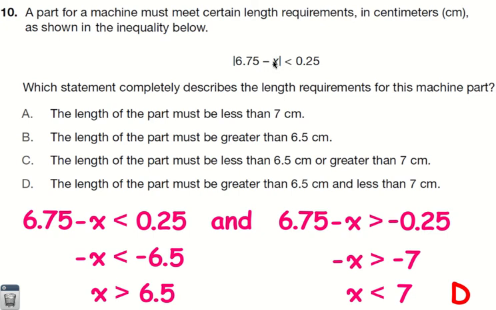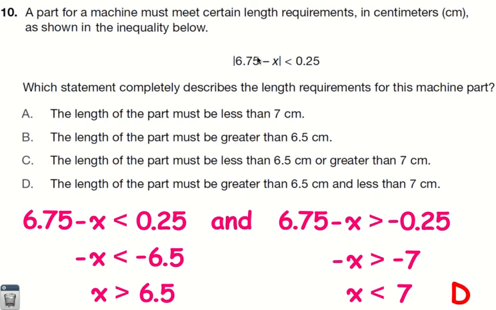Like x is the unknown length of the part. So this might as well say the absolute value of 6.75 minus the length of the part is less than 0.25. Let me just give you a quick alternate translation.